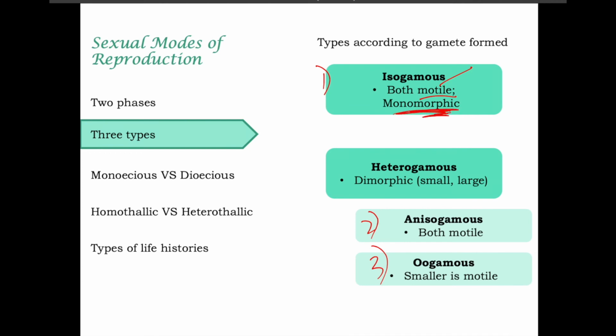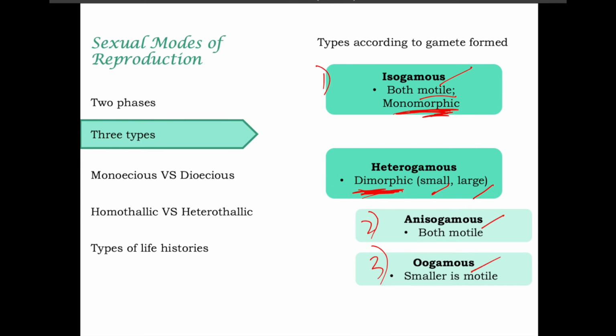When you say dimorphic gametes, like your heterogamous, there are differences between the gametes. We usually have a small and a large gamete. There are two types of heterogamous gametes: anisogamous and oogamous.